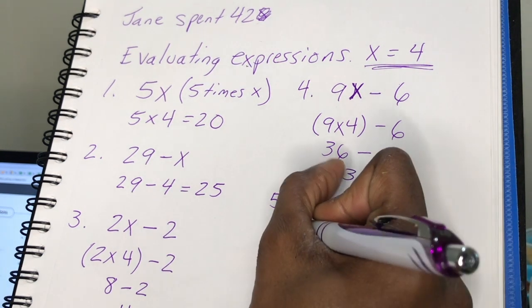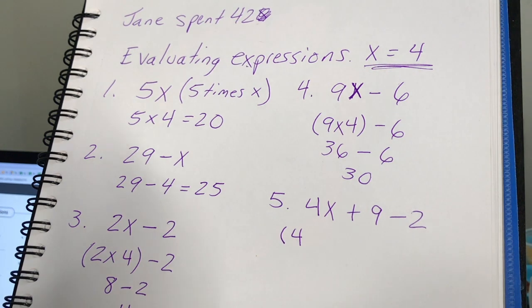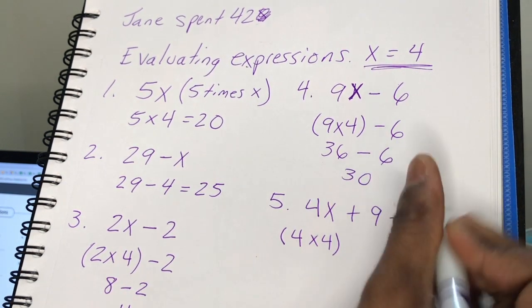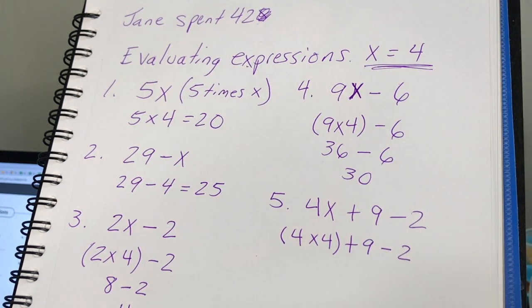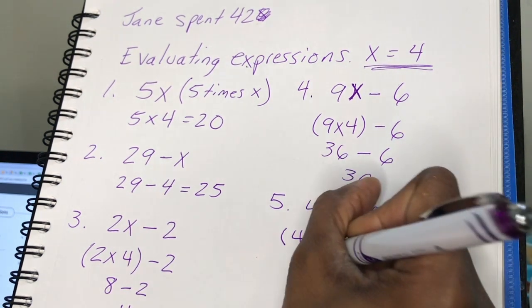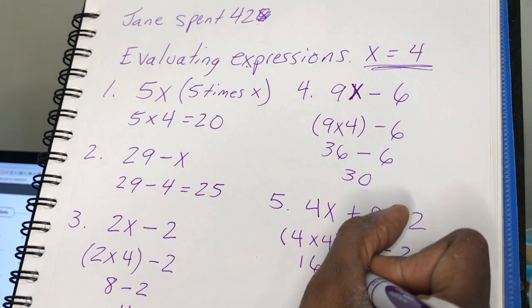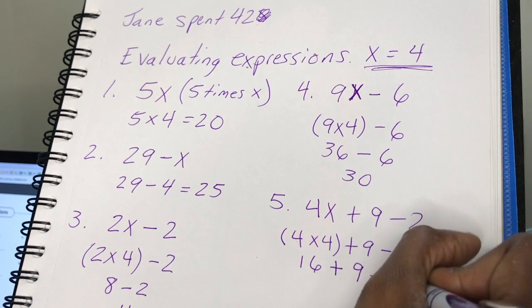So let's put this in parentheses. 4x is the same as 4 times x. So 4 times 4 in parentheses plus 9 minus 2. In the order of operations, you start off with the parentheses, and in the parentheses is multiplication. 4 times 4 is 16. Now you can bring it out of the parentheses. You bring everything else down. 16 plus 9 minus 2.